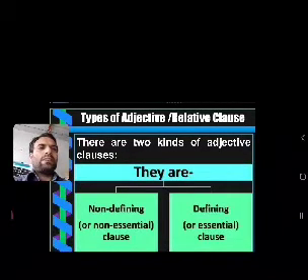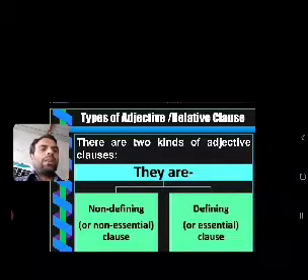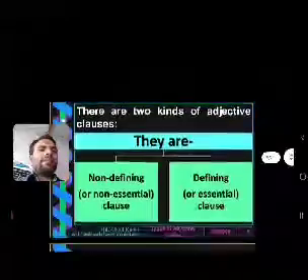There are two kinds of adjective clauses. They are non-defining, which can also be said as a non-essential clause, and defining, which we can also call an essential clause.